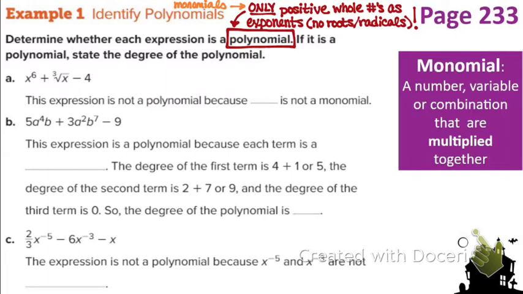Monomials can only have positive whole numbers as exponents, which means no roots, no radicals. Because we've talked about this before, but it's been a minute. If I have a root or a radical, that means I have a fraction as my exponent. Are fractions whole numbers usually? No.